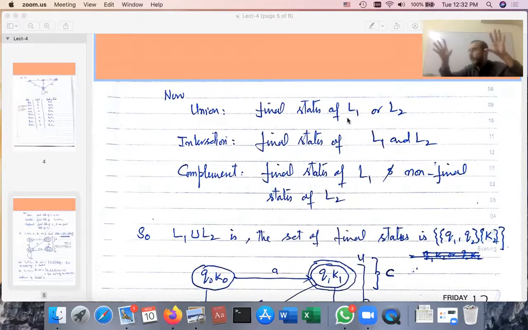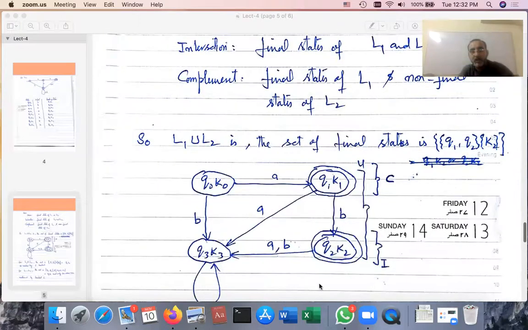If the final states of L1 and L2 remain their status in this final DFA, which I have drawn here on the screen and am highlighting, then it means all the strings of L1 will be accepted and all the strings of L2 will be accepted by the same FA.